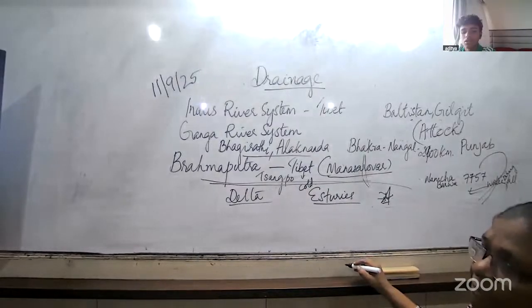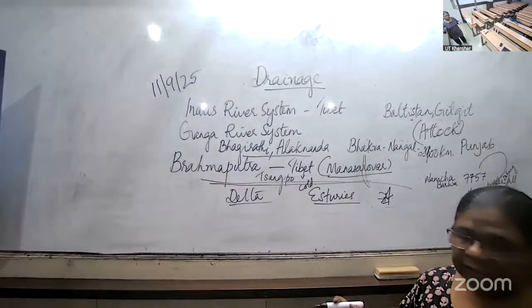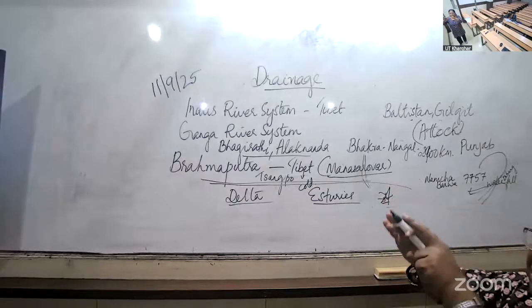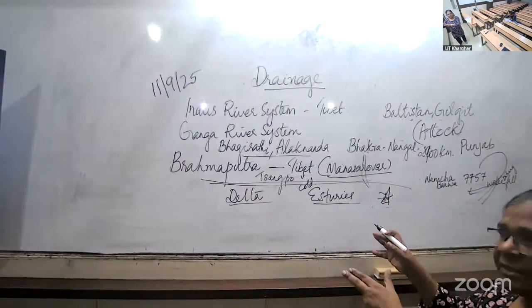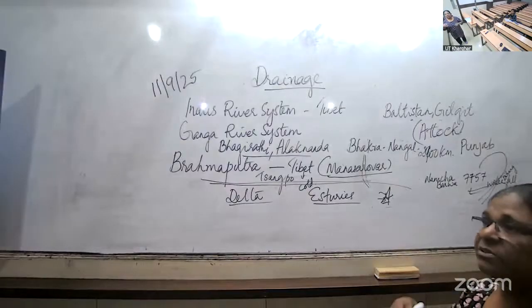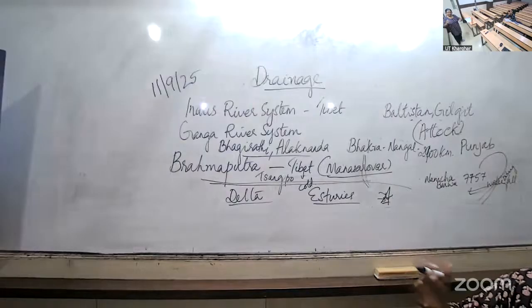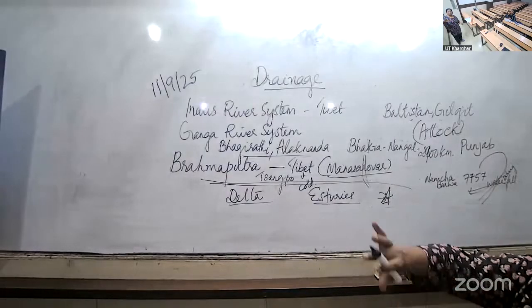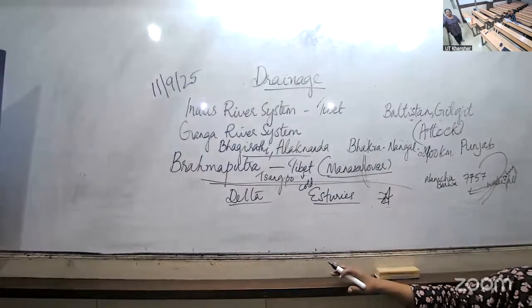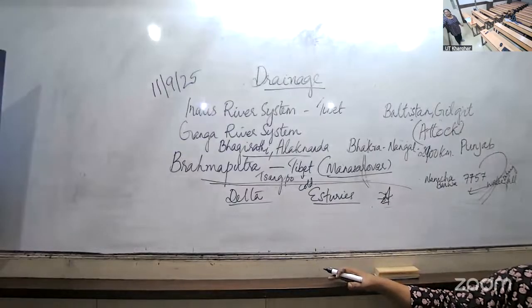Okay. Understood? So delta, because of that peculiar shape only, it is called as delta. But island is already formed by huge deposition. Understood? Continuously it was bringing and depositing and forming that island. Got it?